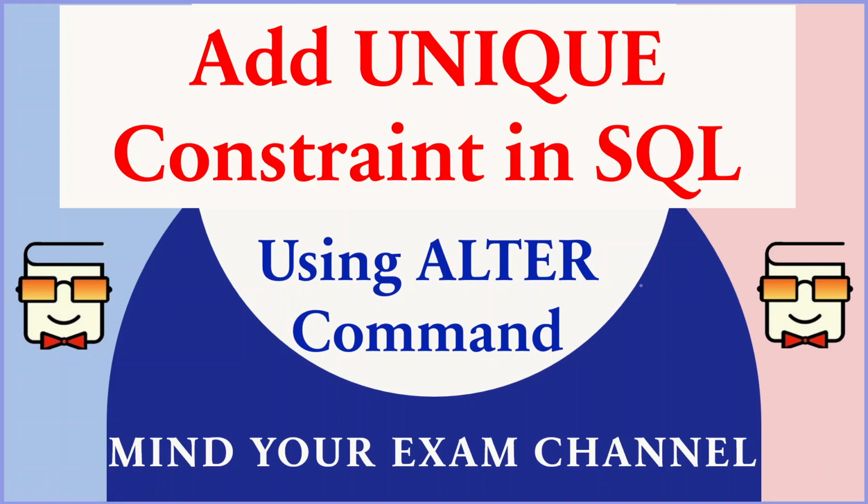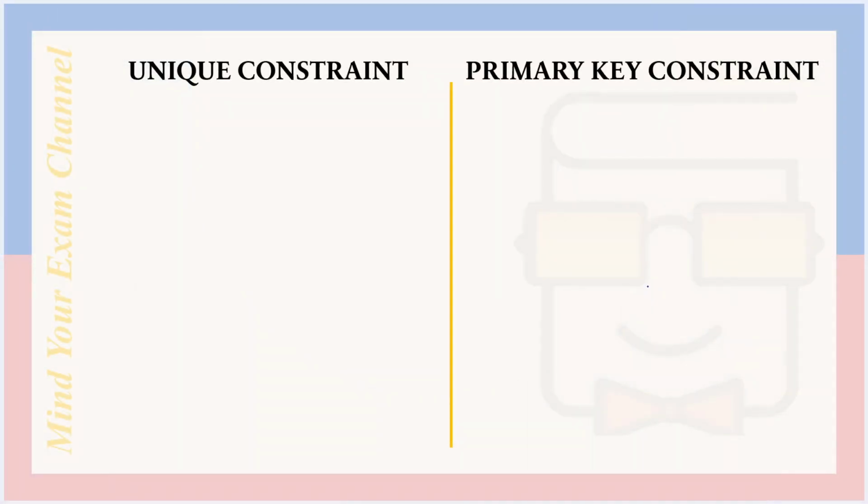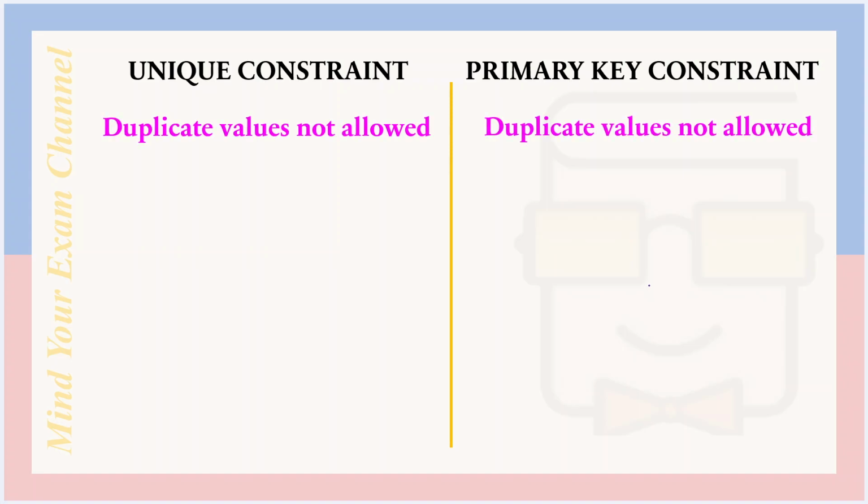Now, coming to what is the difference between the unique constraint and the primary key constraint. Coming to the similarities first: both the unique constraint and the primary key constraint ensure that the attribute does not contain any duplicate values. That means any attribute which has a unique constraint applied on it will have only unique values for every row, for every entity present in that table.